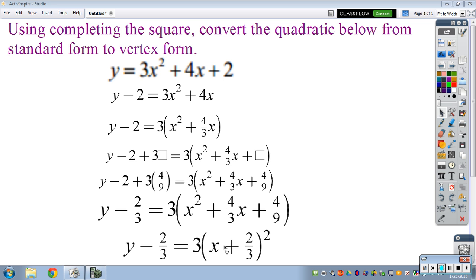So I'm almost done taking my standard quadratic equation and converting it to vertex form. The last thing I have to do is move this constant of negative 2/3 to the right side. And so since it's negative 2/3, I would add it to both sides.